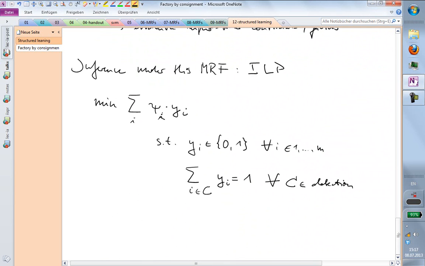So far, so good. So we can solve this, but only if we know what these unary factors should look like. And structured learning is all about learning the proper form for these unaries from a training set.